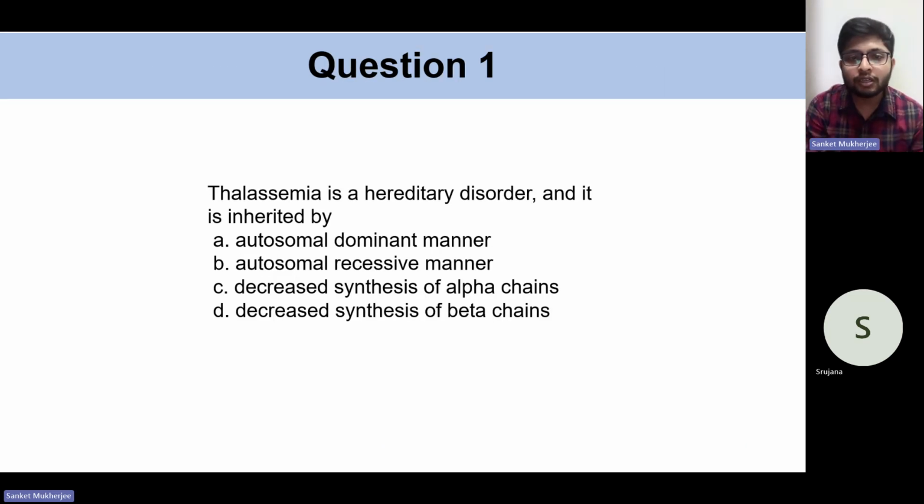Let's see. So thalassemia is a hereditary disorder and it is inherited by A, autosomal dominant manner, B, autosomal recessive manner, C, decreased synthesis of alpha chains, and D, decreased synthesis of beta chains. I'll let you all have a minute to think about it and decide for the answers. Then we will discuss.